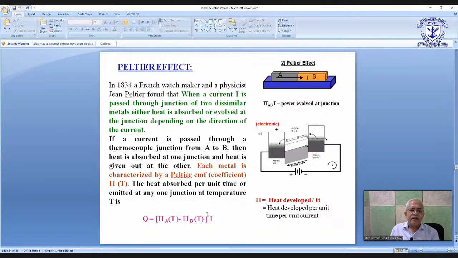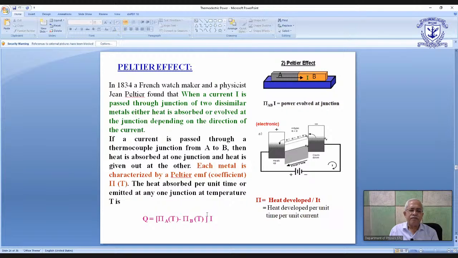If heat is absorbed in a certain instance, or in the alternate case heat is emitted at the junction, then the heat per unit time, this Q, the heat flux, is found to be given by the formula below.